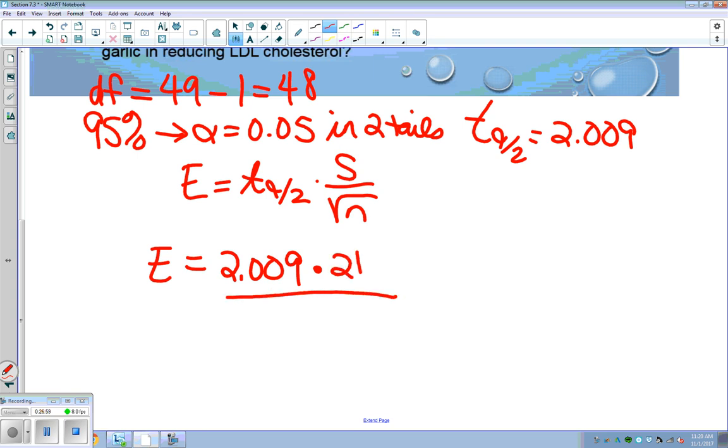Then I'm going to divide by the square root of n, and n it told me was 49. Somebody will run that through. 6.027. So that's my margin of error.